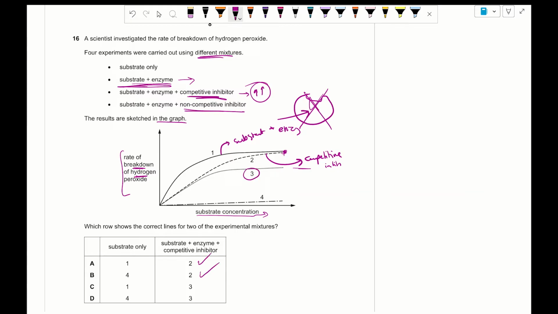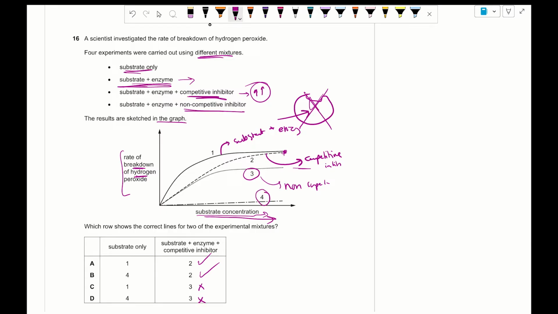And 3, we know that a non-competitive inhibitor completely distorts the shape of the active site by binding to an allosteric site. Therefore, no matter how much you increase the substrate concentration, it stays constant. Therefore, this would be the non-competitive inhibitor. Therefore, these are incorrect. And lastly, for 4, it is the substrate only.